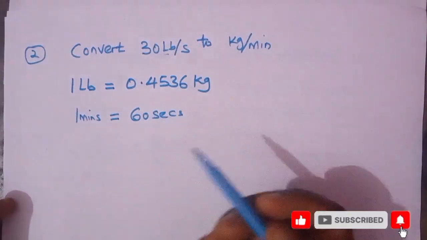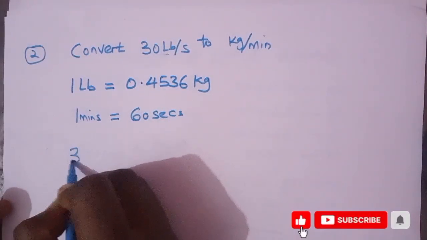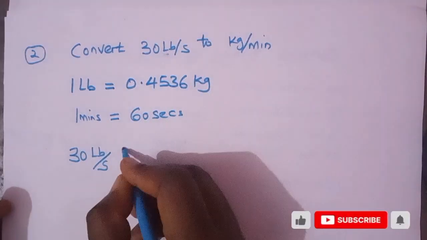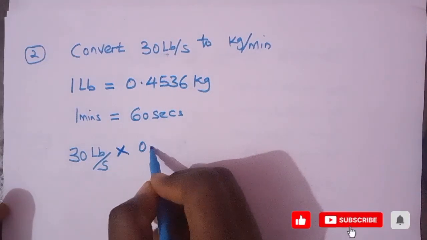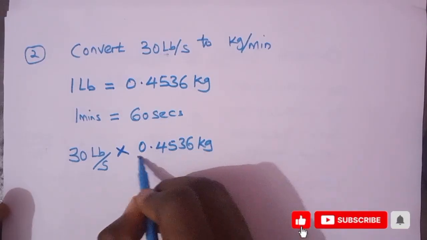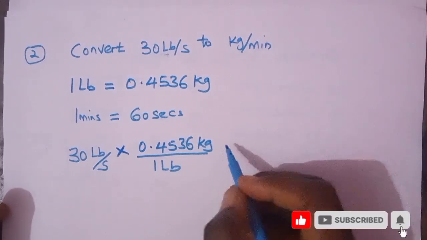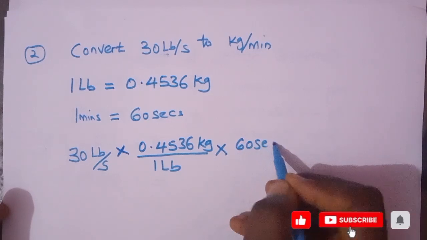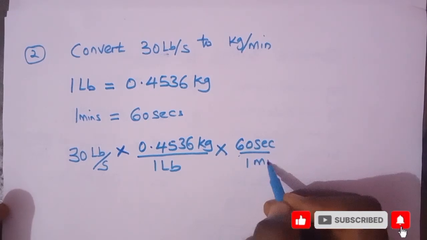What next? We multiply everything together. 30 pounds per second, that is what we are asked to convert, multiply by 0.4536 kilogram all over 1 pound, multiply by 60 seconds all over 1 minute.